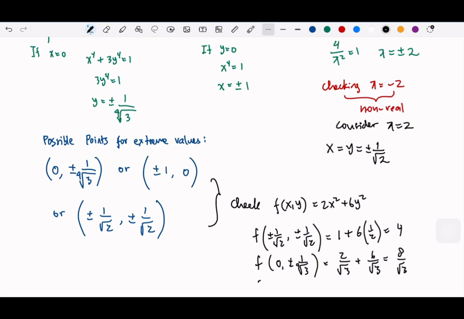But if we check the plus minus 1, 0, this will be only 2.